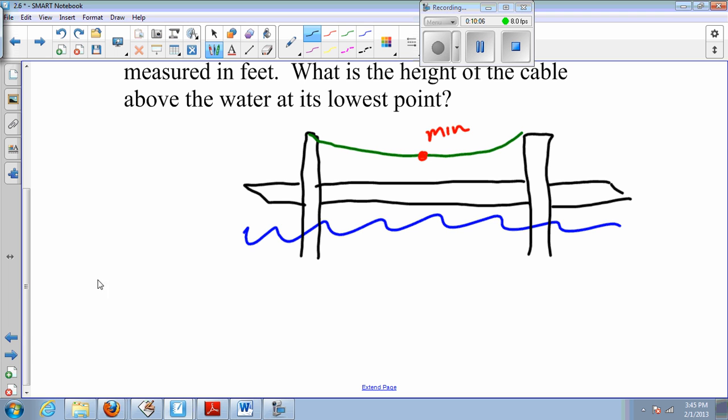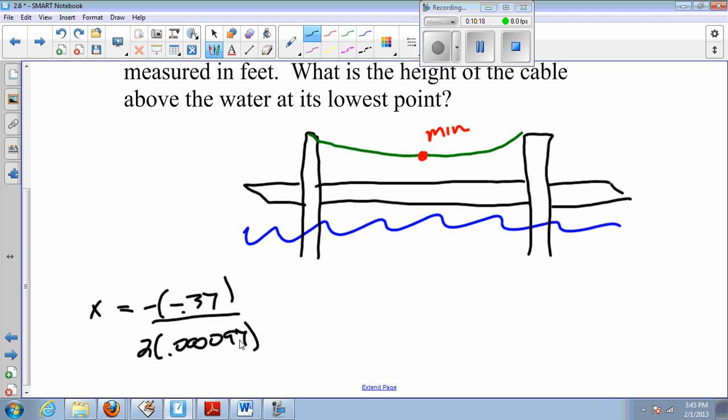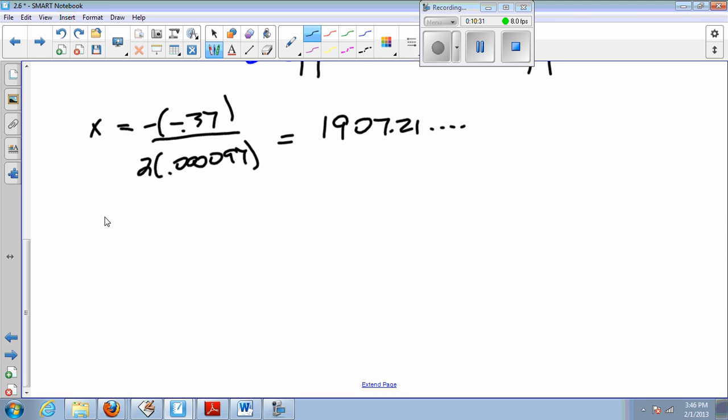So we need to find the vertex. So x equals negative 0.37 over 2 times 0.00097. If you use your calculator, you're going to find it's 1907.21, etc. So let's just go with 1907.2.